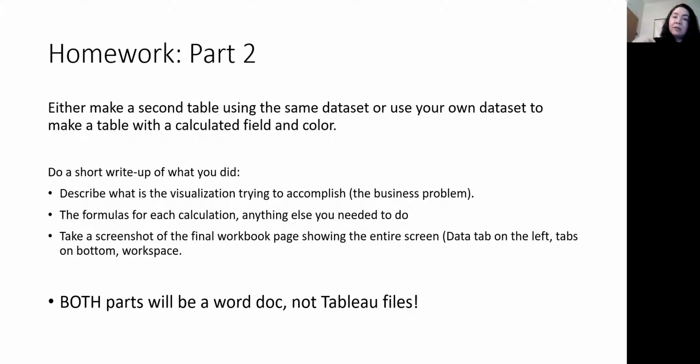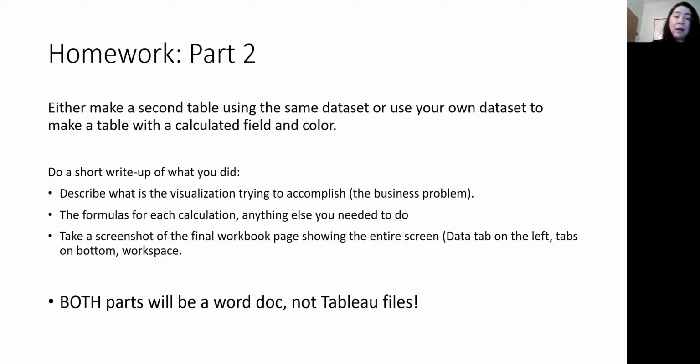So if you already have a data set that you're going to use or thinking about using with your project, go ahead and start playing now, and I'll do this throughout the quarter. So use your own data set if you have it to make a table. Either way, it should have a calculated field and a color just to practice doing these activities.